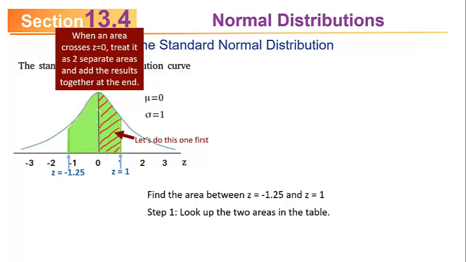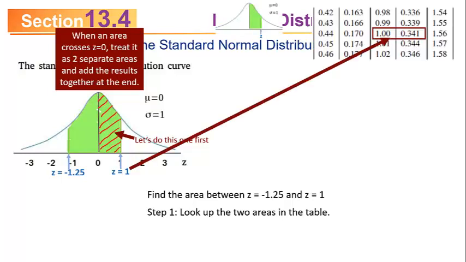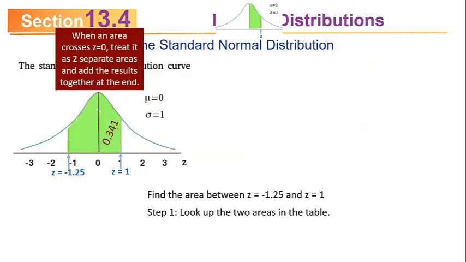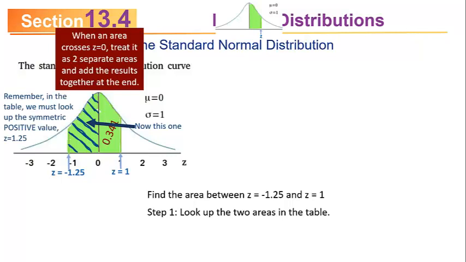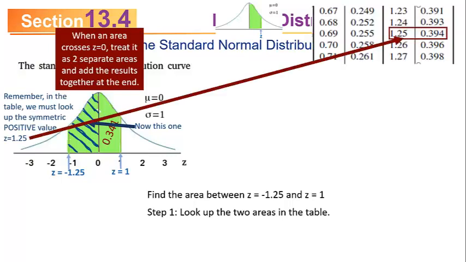That's a standard problem where you just need to look the z value up in the table. So you go to the table, look for z equal 1, and you find out it's 0.341. That's the area to the right of 0. Now take the area on the other side. It's negative 1.25, but remember, because of the symmetry, the area is the same as it would be if you went to the right to positive 1.25. So you still just need to look up 1.25 in the table.